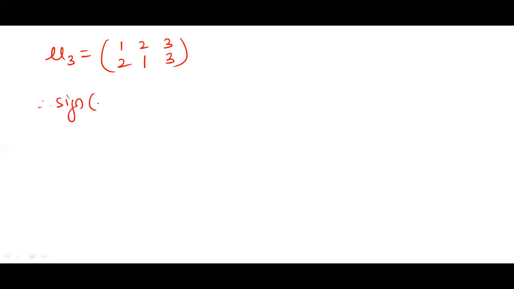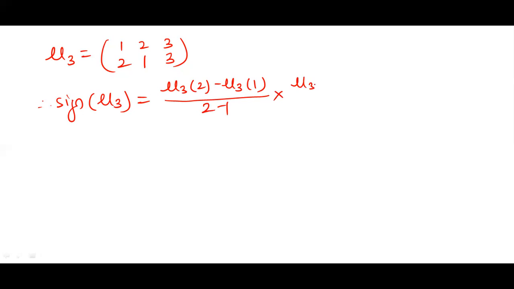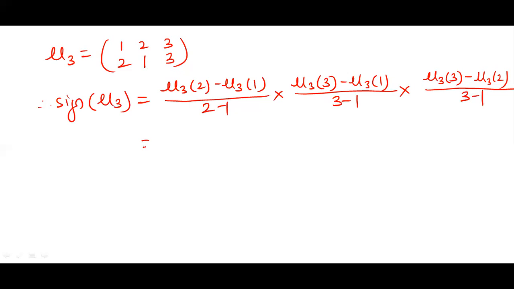Therefore we will get signature of mu3 is equal to mu3 of 2 minus mu3 of 1 divided by 2 minus 1, mu3 of 3 minus mu3 of 1 divided by 3 minus 1, mu3 of 3 minus mu3 of 2 divided by 3 minus 2.